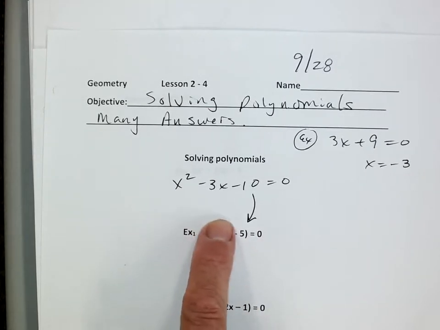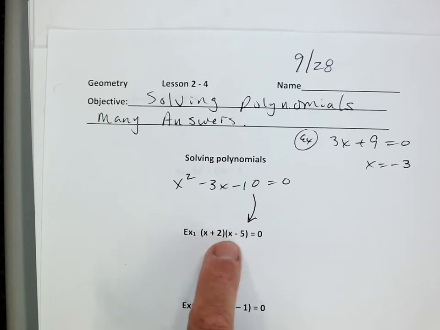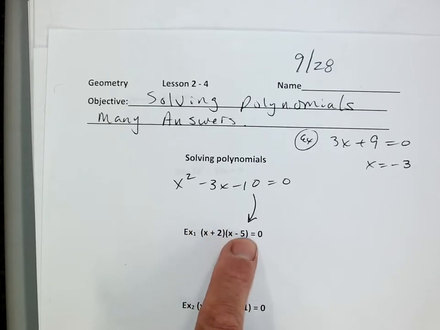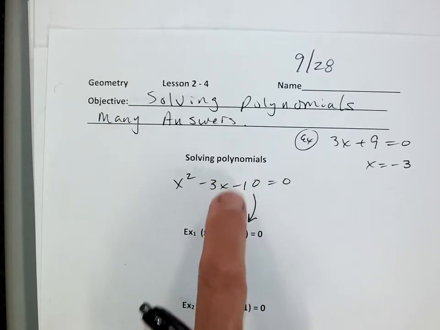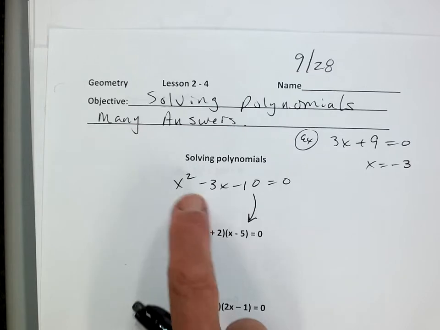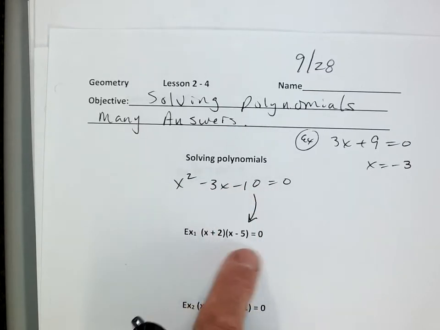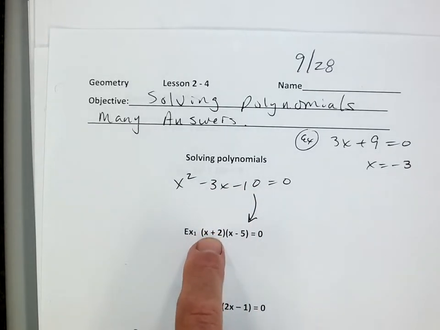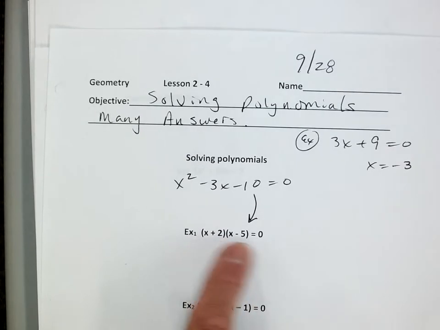If I were to multiply and FOIL it out, x times x, minus 5 times x, 2 times x, 2 times negative 5, these two are the same trinomial, but one is in a written out form and the other is in what we call a factored form. So if we can get our polynomials to look like this, then you can see that there are really two x's.